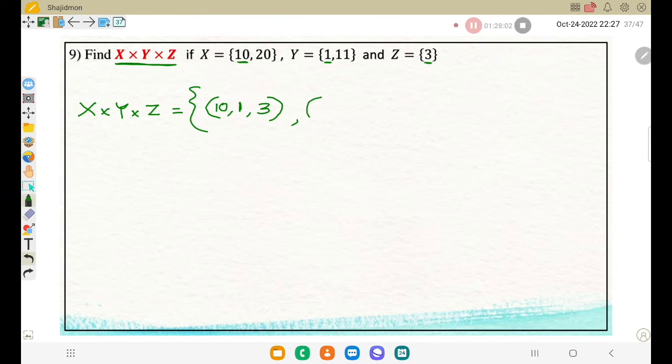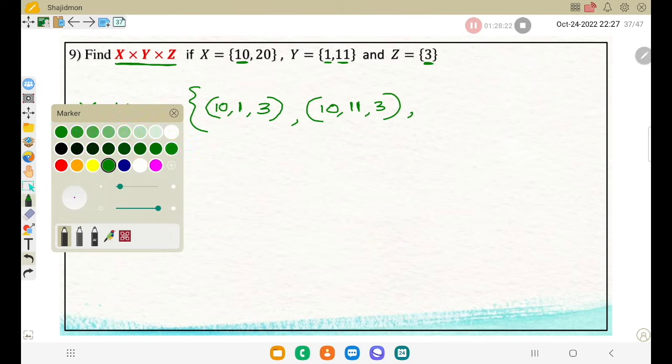Now what will be next? X set first element 10 same, y set second element 11, z set only one element, that is 3. Same element. Understood? We will check all the possibilities. We need to change the element in each set. Now, comma.